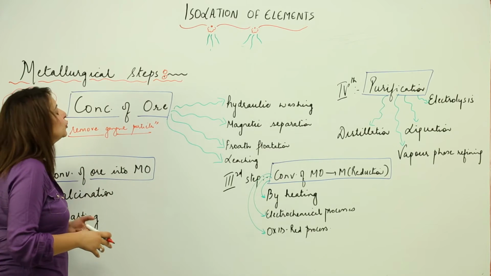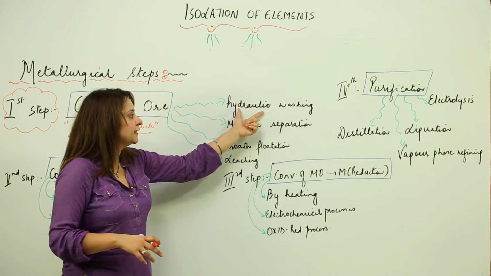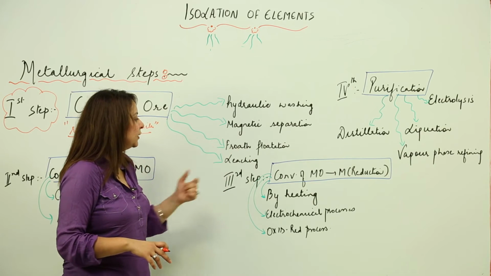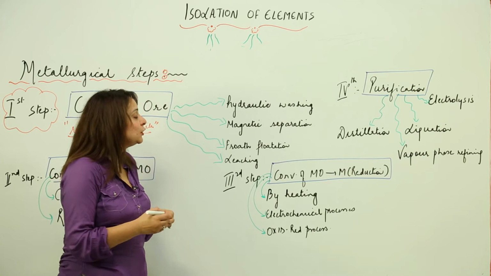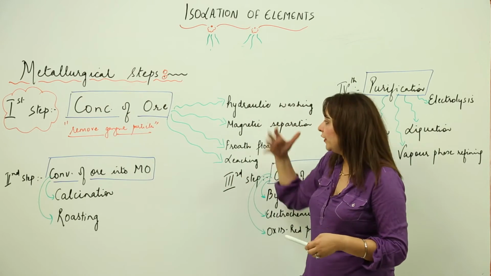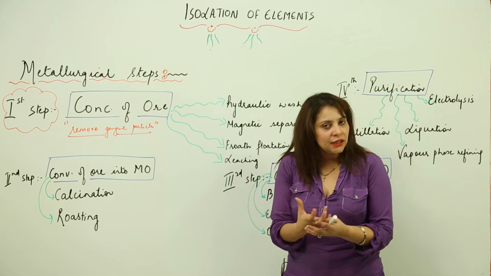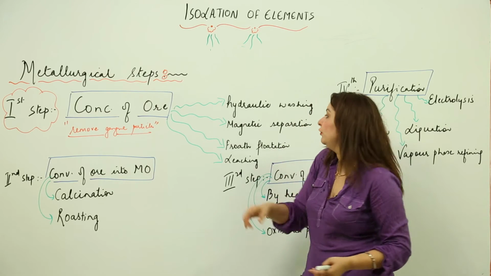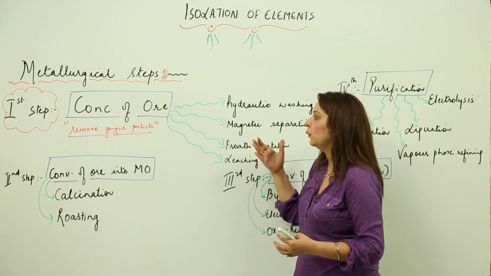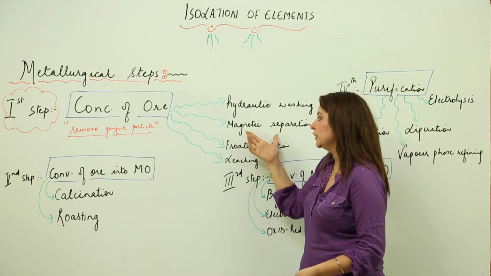Now, how can we remove those gangue particles? We can opt for hydraulic washing, magnetic separation, froth flotation, or even leaching. Which step we choose for which ore depends upon certain properties of the ore. If the ore is magnetic, we will choose magnetic separation, and likewise there are certain limitations, that the ore should possess this property, then only it can be concentrated by this method or that.